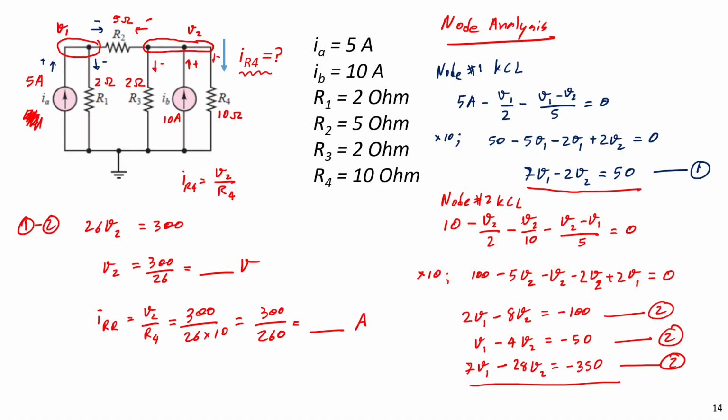Oh, 50. Okay, 400. Correct. 400 here. 50 plus 250, right? 350. 350 is 400 here.